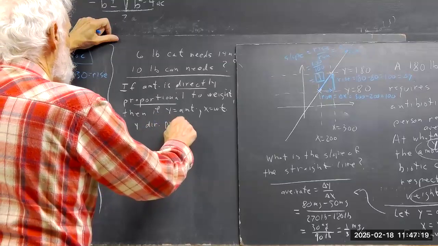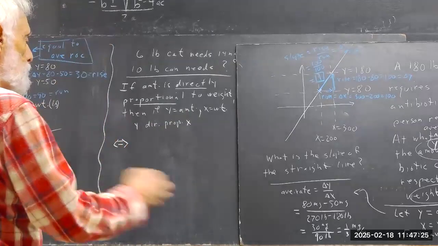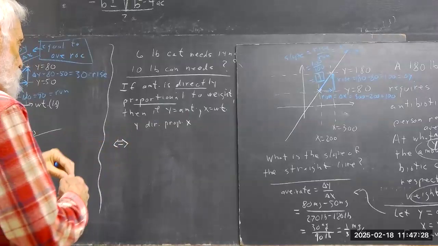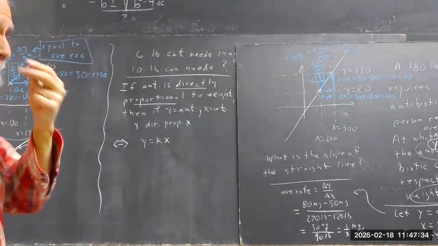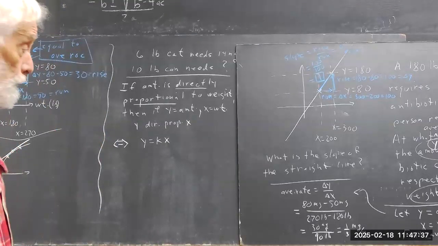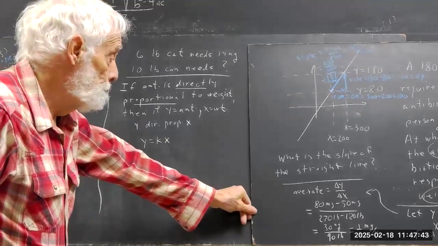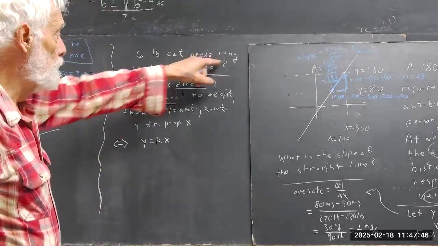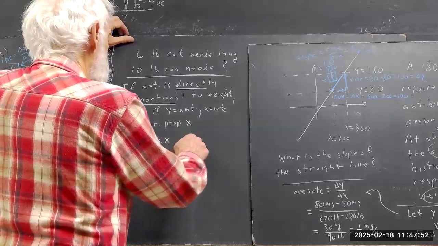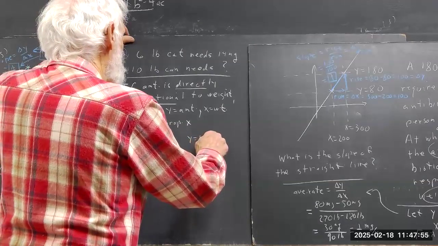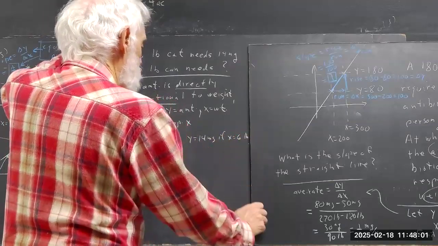y directly proportional to x is equivalent to, that's not an equal sign, it's a double arrow. It means exactly the same thing as y equals kx. Now, if we know that y equals kx, and if we know that y equals 14 milligrams when x equals 6 pounds, okay.